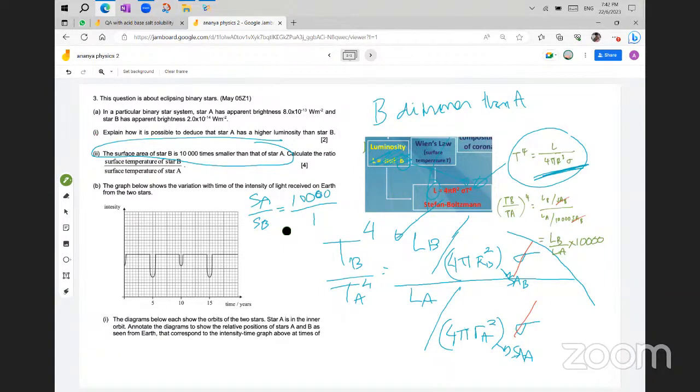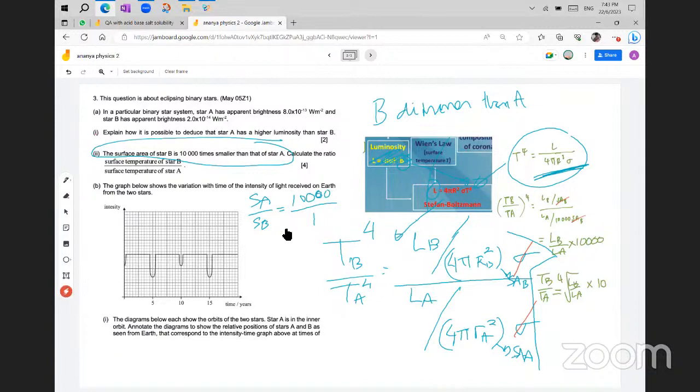So this is going to be equivalent to TB power 4, and then again to make our life easier, look at that. TB over TA is now equal to the square root 4, sorry, root 4, of LB over LA, nicely times 10. The 10,000 is nothing to help us, but it's a bit encouraging, correct?